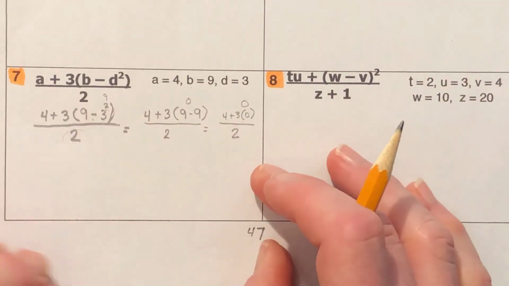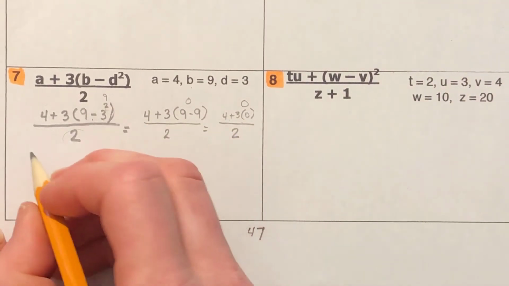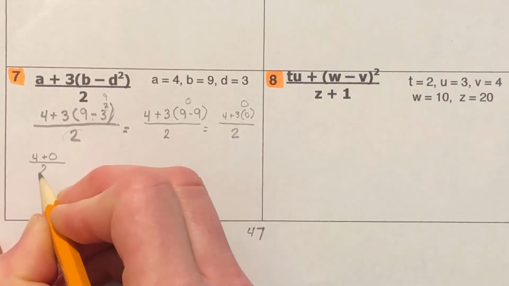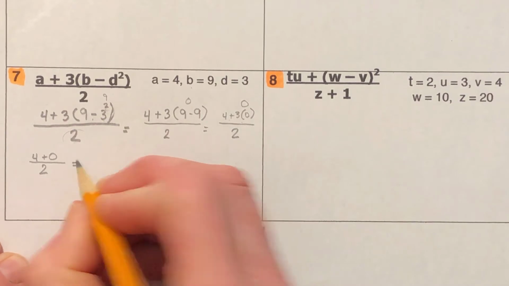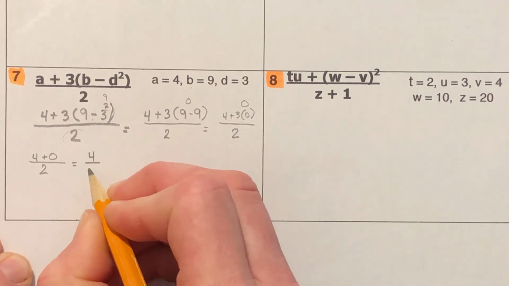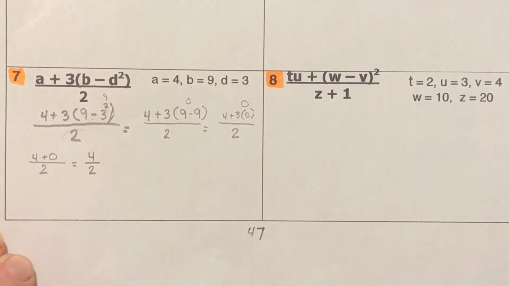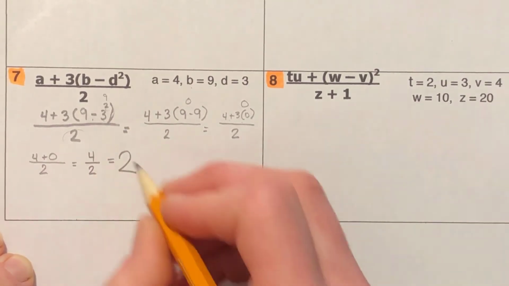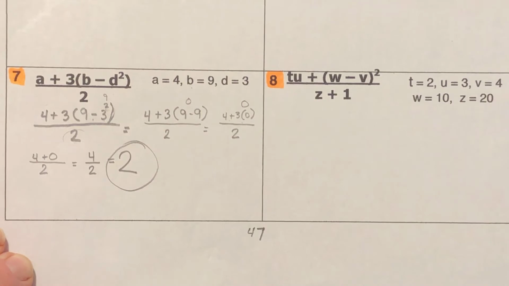I'm going to write it down here. So now we have 4 plus 0 over 2. That becomes 4 over 2. And we end up with a simple 2. Big circle. The value for all of that in number 7 is simply 2.